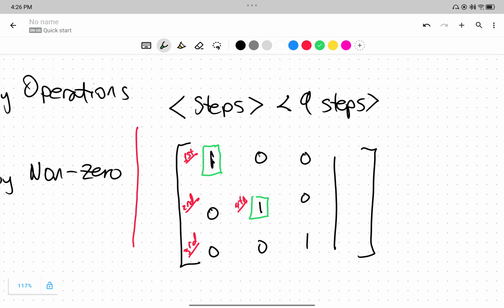The next step, step number 5, could be the 0 above or the 0 below. It doesn't really matter which one. If you say that's the 5th, then this would be the 6th. But for the next one, the 1 is first, so that one does have to be 7.